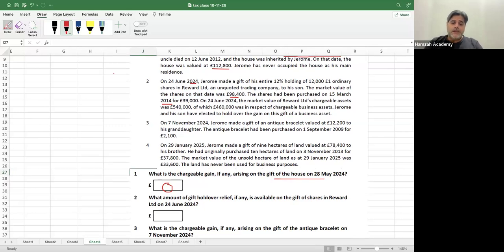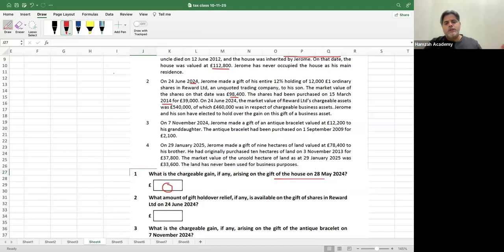Jerome and his sons have elected to hold over the gain on this gift of a business asset. As far as this share gifting is concerned, the gift holdover relief is going to be restricted in the specific scenario given here.